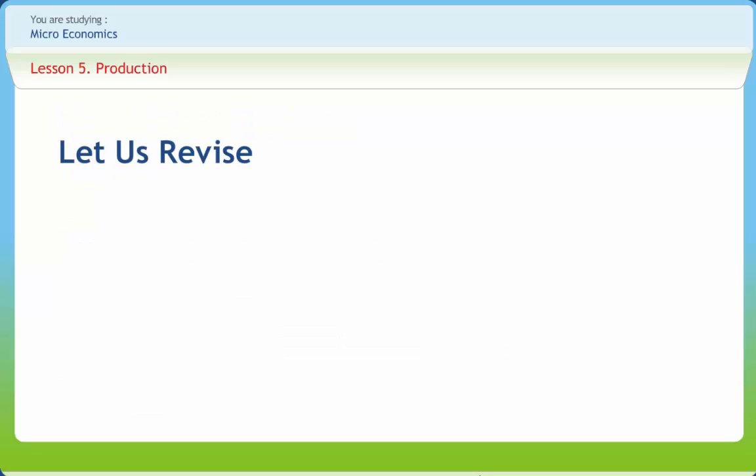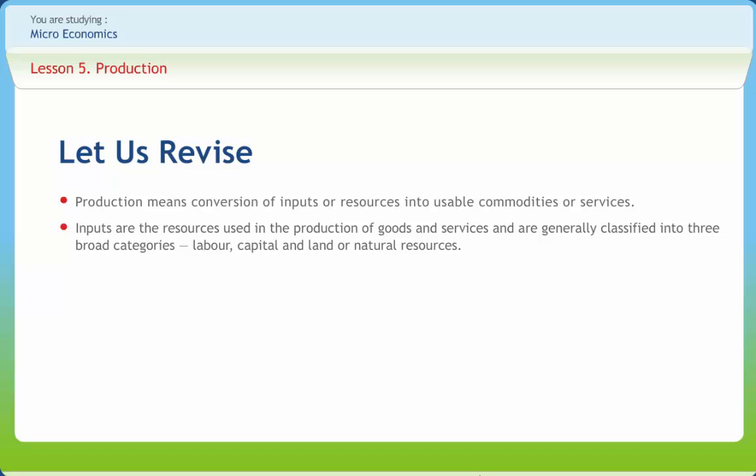Now let's revise what we have studied till now. Production means conversion of inputs or resources into usable commodities or services. Inputs are the resources used in the production of goods and services and are generally classified into three broad categories: labor, capital, and land or natural resources.